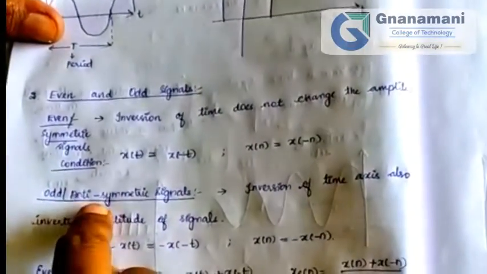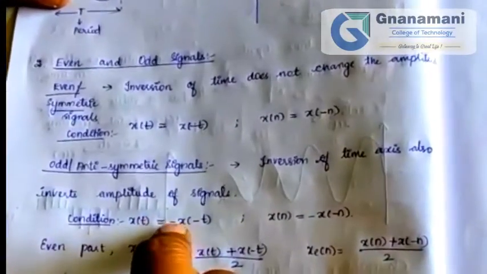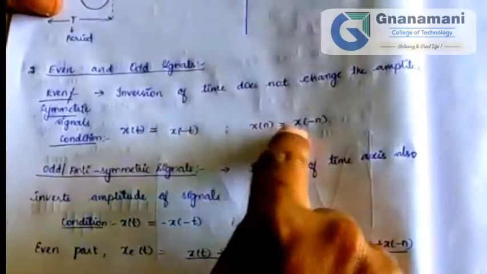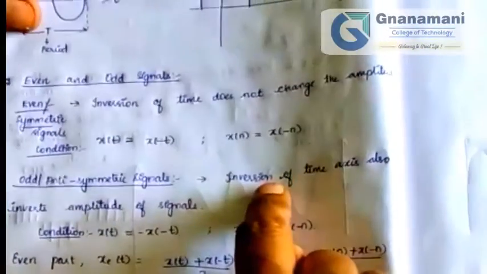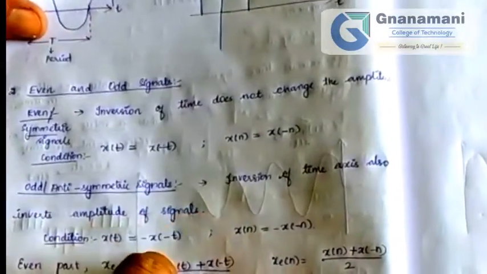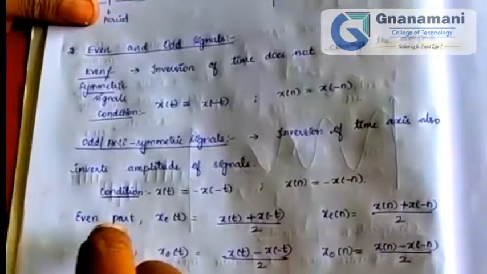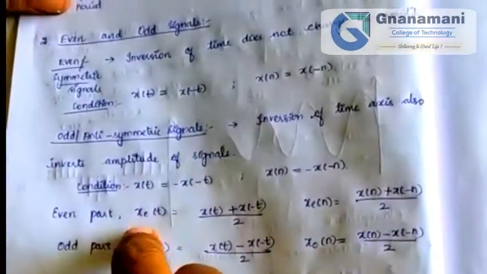For an odd or anti-symmetric signal, the inversion of time also inverts the amplitude. Here we don't have a minus symbol, but there we have a minus symbol. So inversion of the time axis also inverts the amplitude of the signal, and this is called an odd signal. If they give a question asking to find the even part and odd part, then this is the formula.